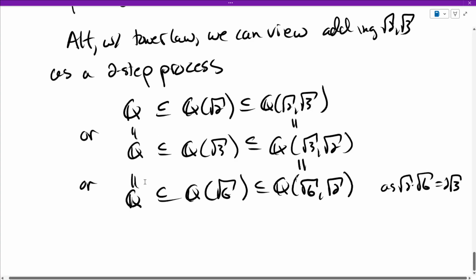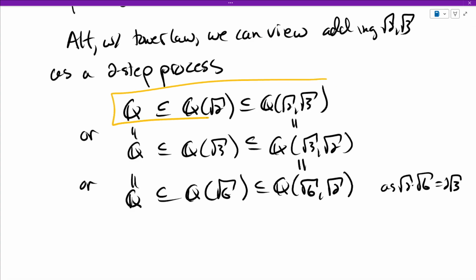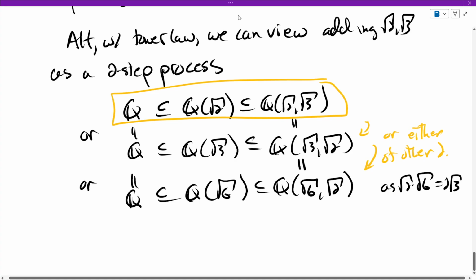I'm just going to pick the first one because it's first. But if you want to follow along with one of the other examples, you can do that as well. It might even be instructive to go through with one of the other examples.